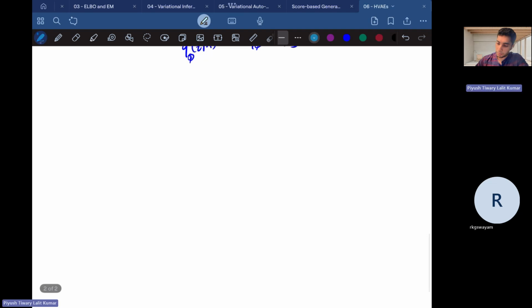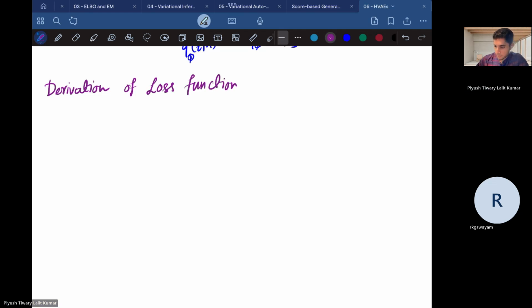Okay, let me write it down. Derivation of loss function for HVAEs.